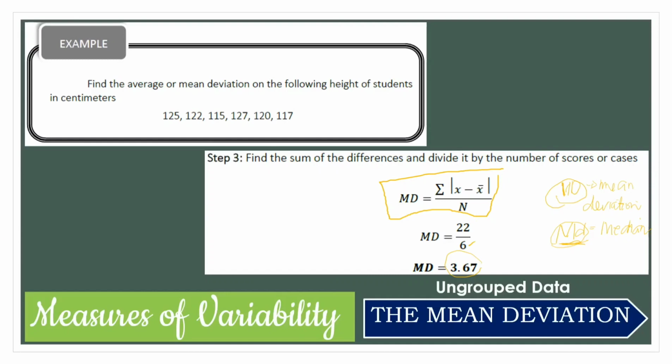We substitute the values obtained in steps 1 and 2 into our formula. The sum of the differences between x and the mean is 22, and the value of n is 6. We divide those two. 22 divided by 6 is equal to 3.67. That is the mean deviation for this example.